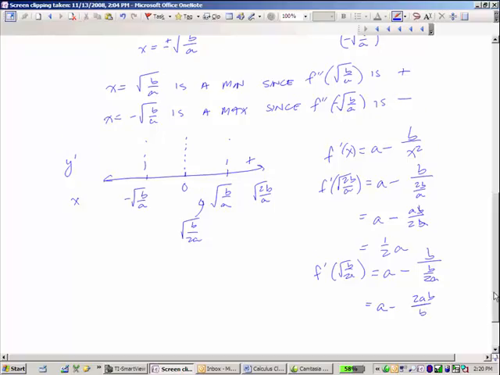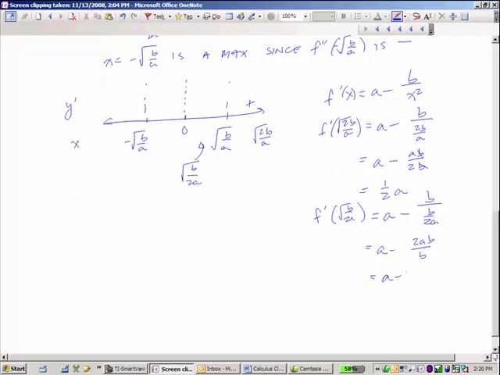So what cancels again? B. So we get a minus 2a. Well, if you have a number and you subtract double that number, if the number's positive, it's going to be negative. So all that work, and we can now say that this is going to be a minimum because the function is decreasing and then increasing.